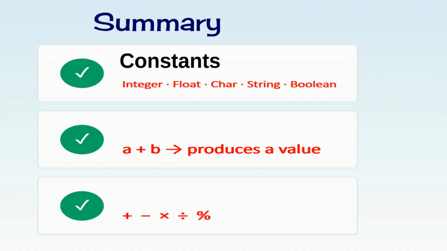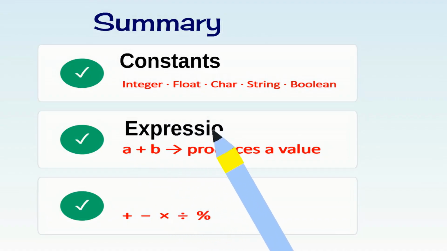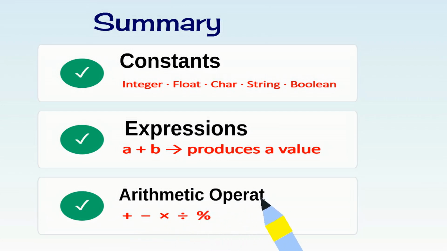Using meaningful names for constants helps make our programs easier to read, understand, and maintain. Next, we introduced expressions and learned that expressions combine variables, constants, and operators to produce a value. Finally, we studied the 5 basic arithmetic operators in C++ and applied these concepts by creating a simple calculator program.